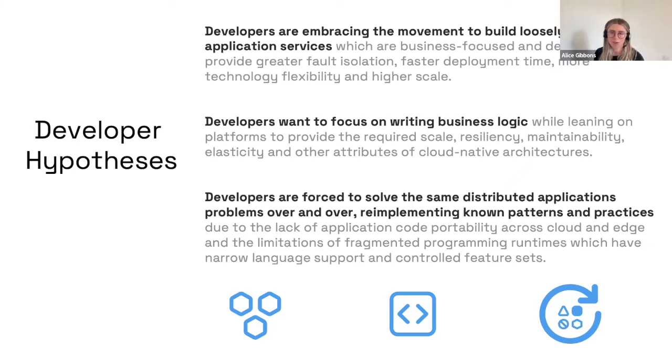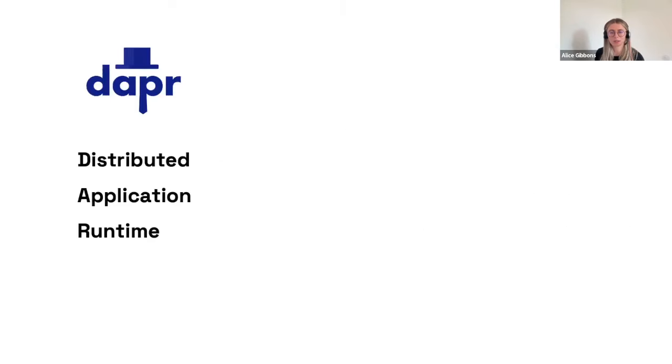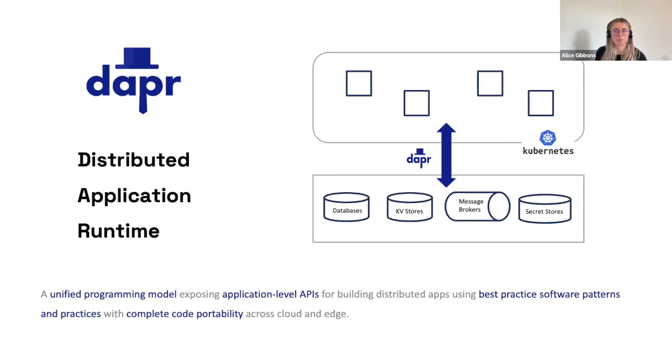These are the hypotheses, and this problem set is the reason why Dapr was created. Dapr stands for the Distributed Application Runtime, if you haven't heard of it. As mentioned, it was co-created by our co-founders here at Diagrid and released in 2019. It was developed when they were on the Microsoft Incubations team in the Office of the CTO, and made open source, donated to the Cloud Native Computing Foundation, and it's currently moving towards graduated status there.